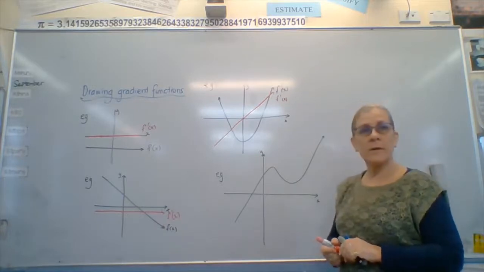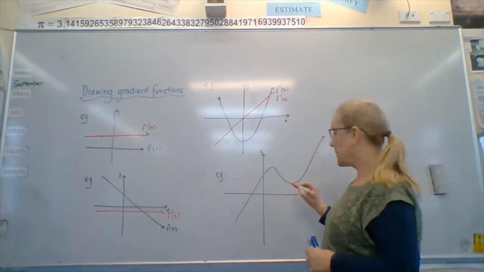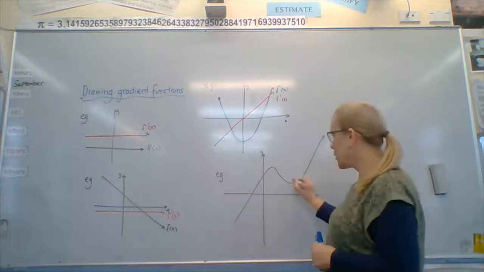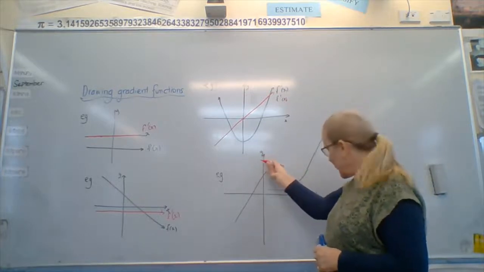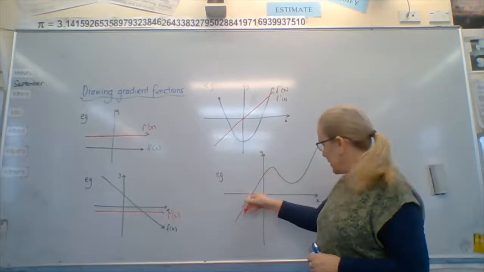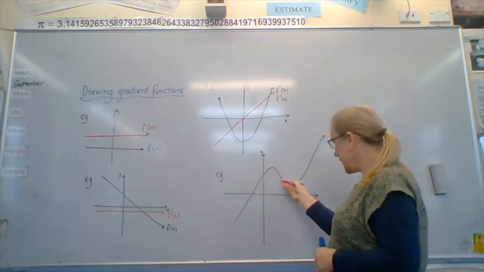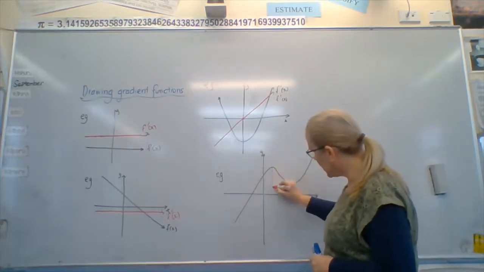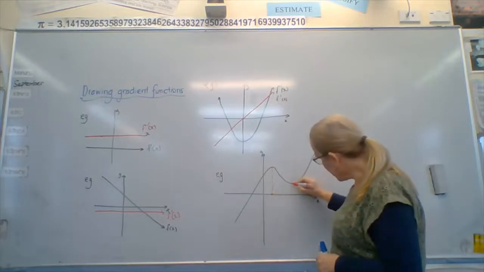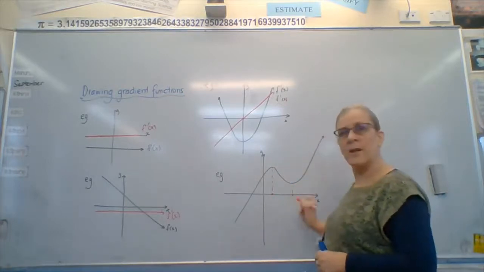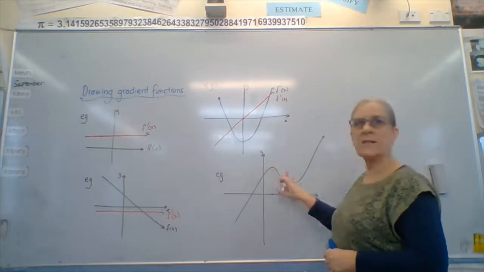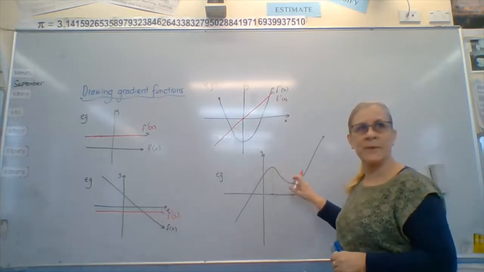At the bottom of the trough, or the top of the peak. They're perfect answers. Bottom of the trough, top of the peak, right? That's when the ruler, or the little thing that's driving along here, is sitting flat. So at this point, it's 0. At this point, it's 0. All right? What's the gradient in here?